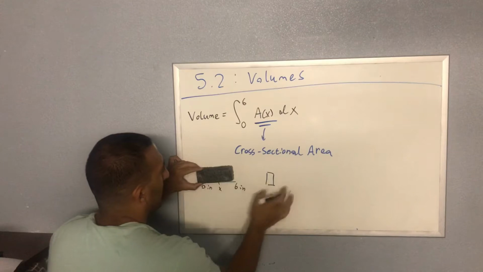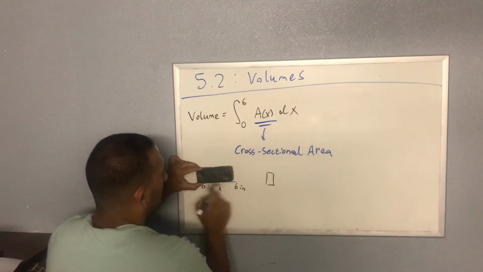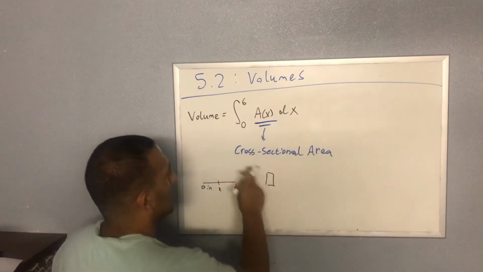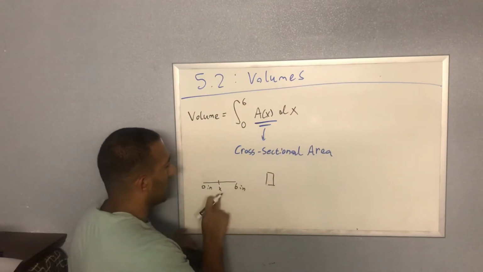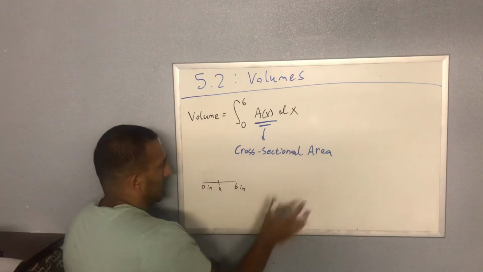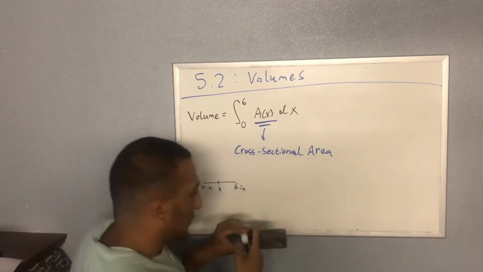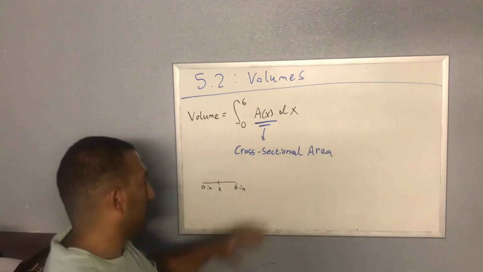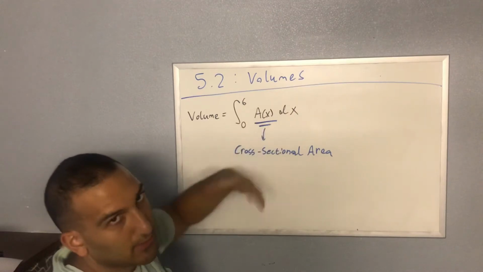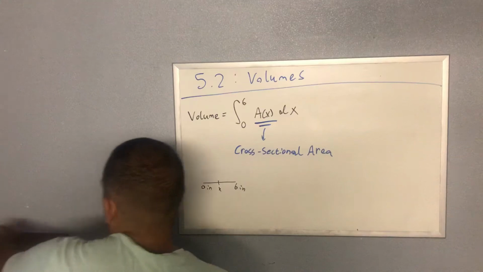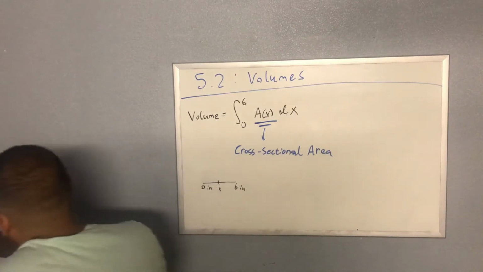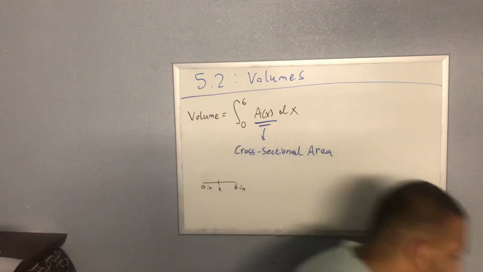So it's the area of the rectangle at a particular point X. That's what A of X is, and that's the cross-sectional area. So the area of a cross section that you get at a point X. Now in this particular example, each cross section will have the same area, so this function won't depend on X. It'll just be a constant number. But in other cases, that'll change. And the next prop kind of shows that, like I was saying last time.